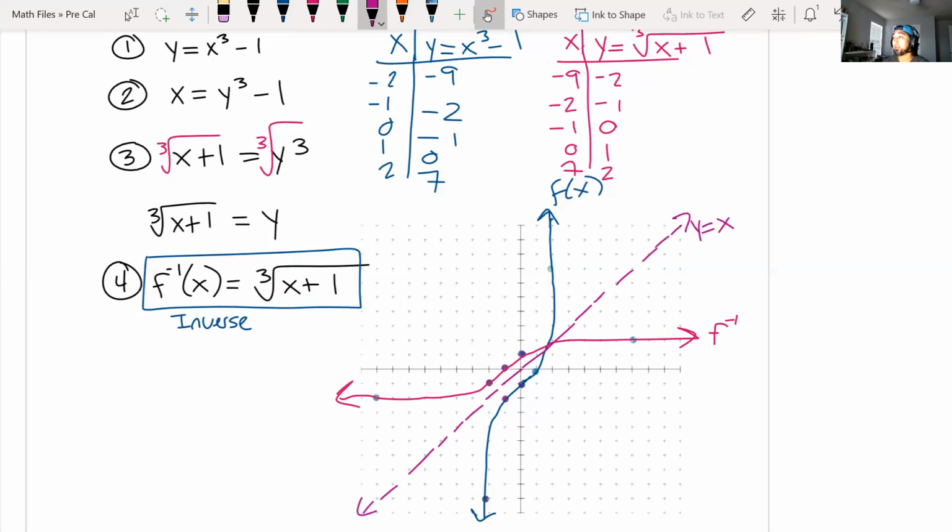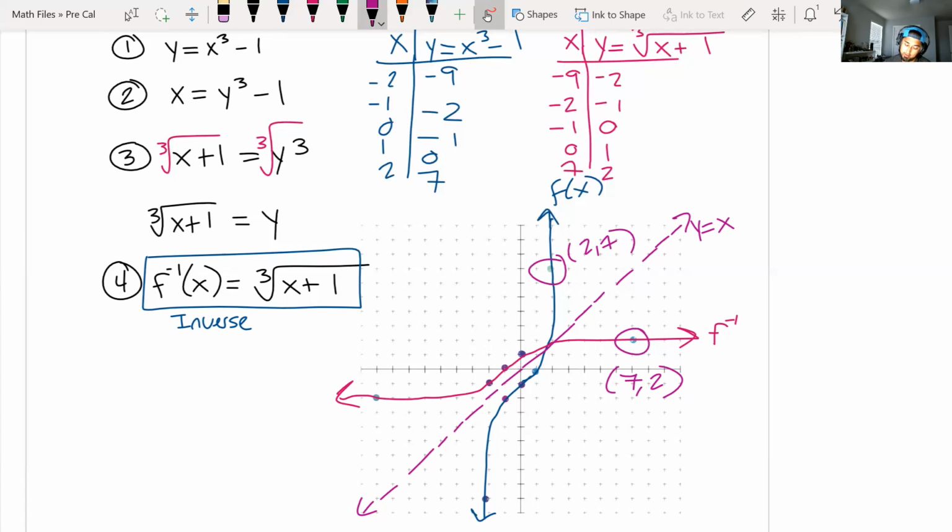Do these graphs look symmetric across this line? Yeah. Good. This point is 7, 2. If I reflect it over that line, then you get this point, which is 2, 7.